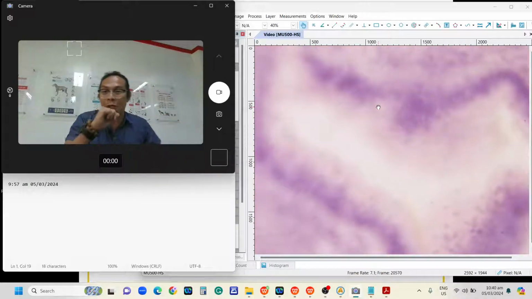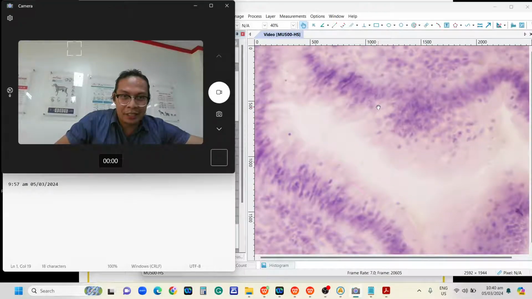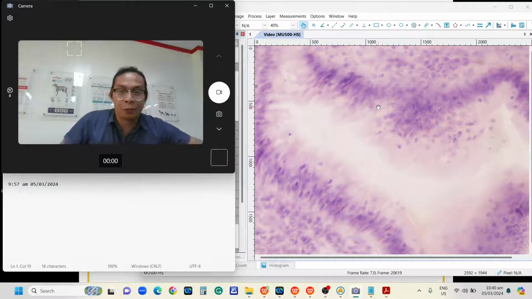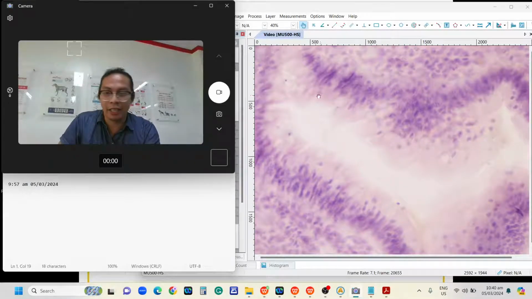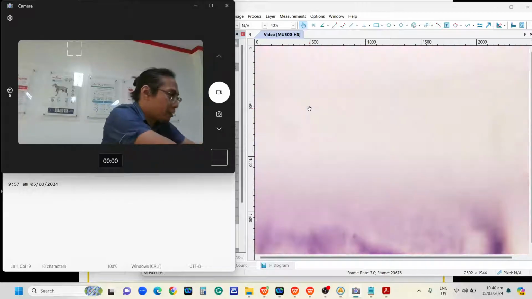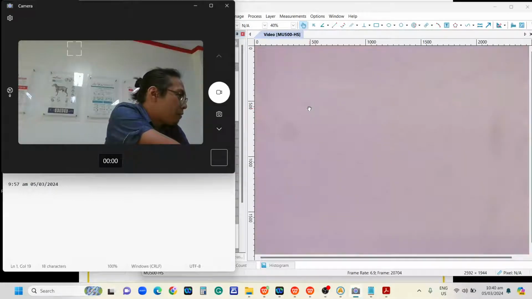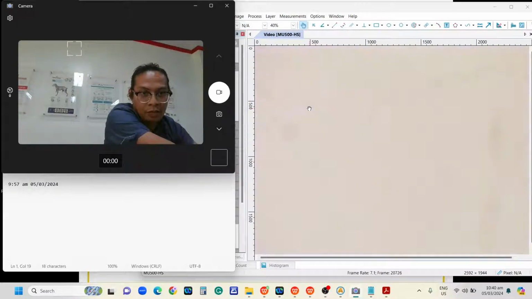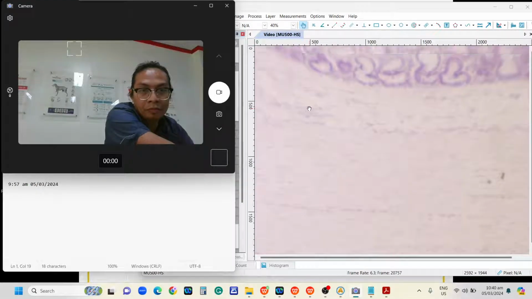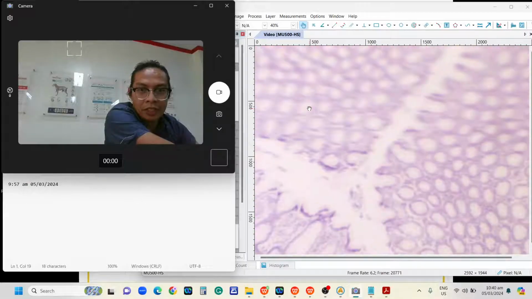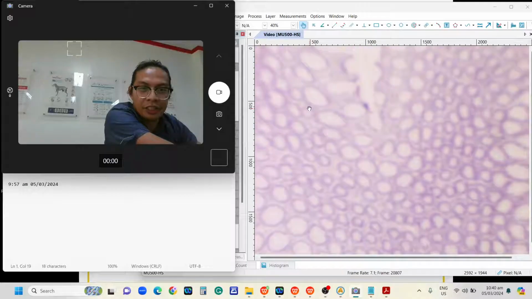Okay? Oh, sorry. If you notice here in the duodenum, they have only a few goblet cells. Now, let's put another organ that has goblet cells, such as the large intestines.